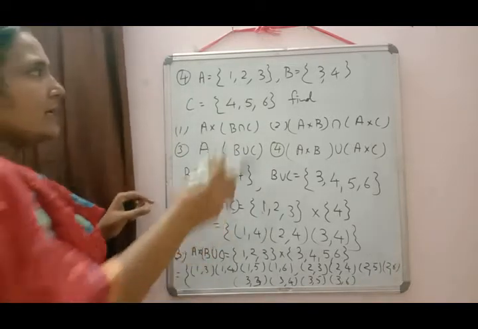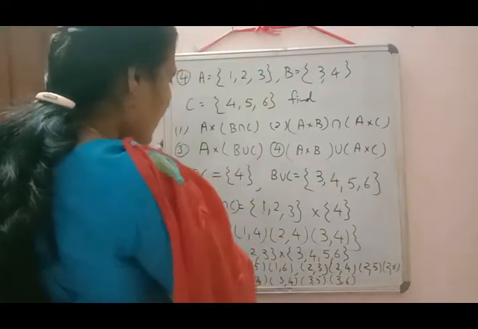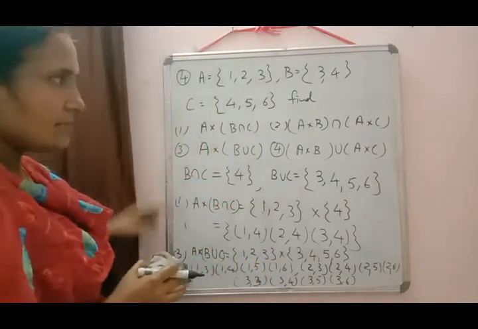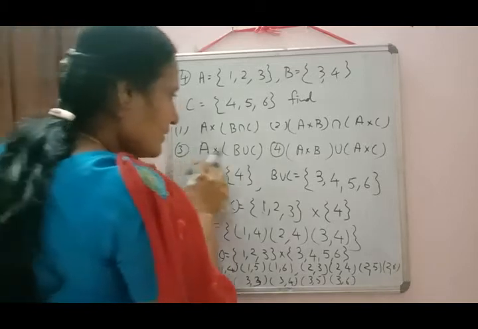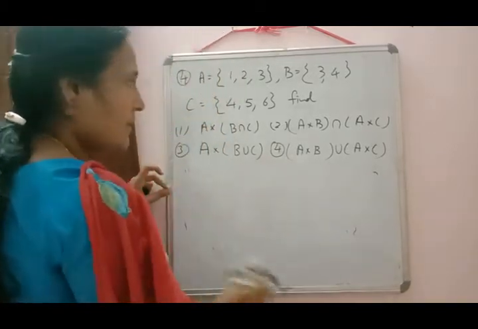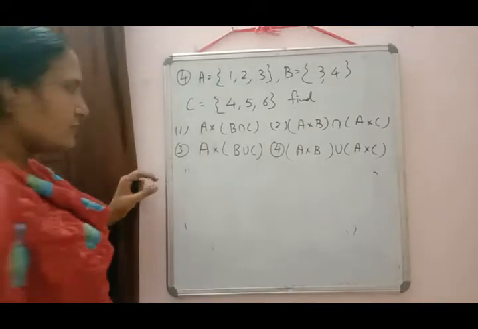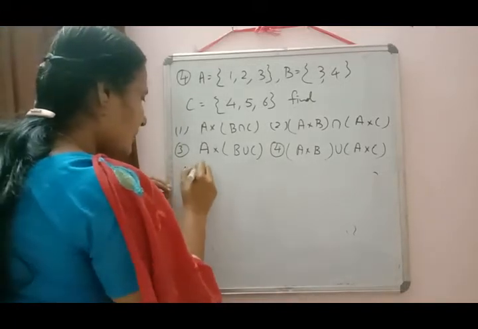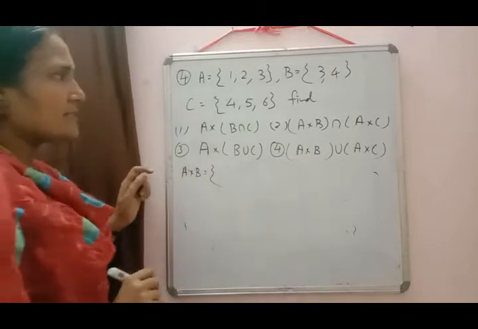Now what do we need? A cross B. We want A cross B and A cross C. So first we can write down A cross B and A cross C. Shall I rub this one? Okay.